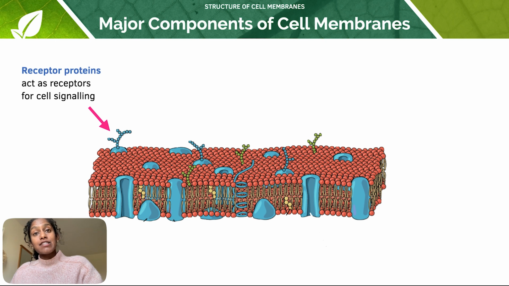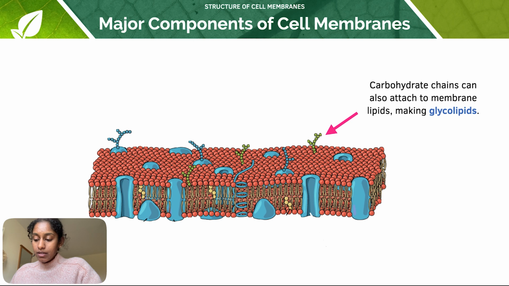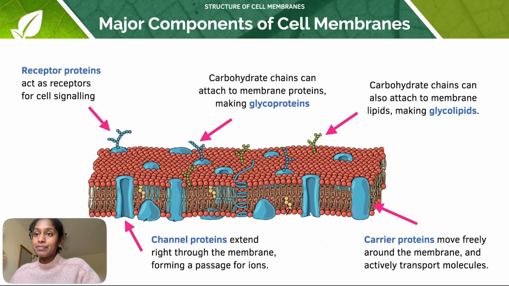Receptor proteins act as receptors for cell signalling, and carbohydrate chains can attach to membrane proteins, making glycoproteins. Carbohydrate chains can also attach to membrane lipids, making glycolipids. So this is a nice summary of all the various functions of our proteins in our cell membranes.